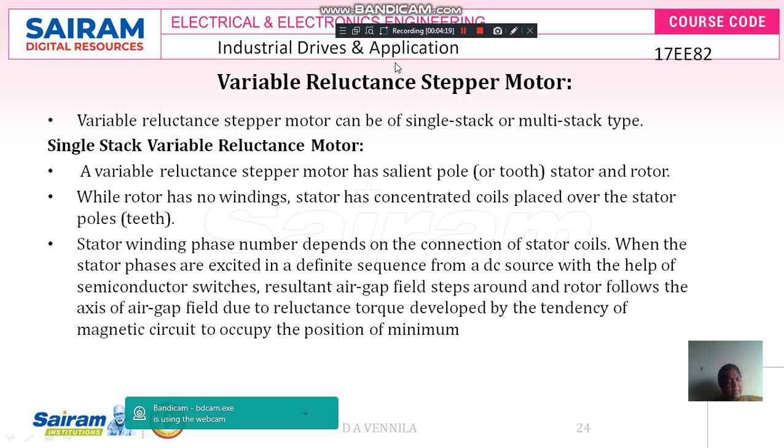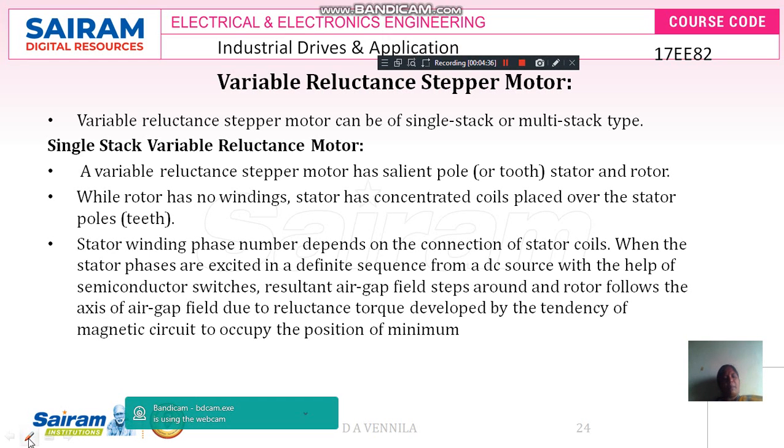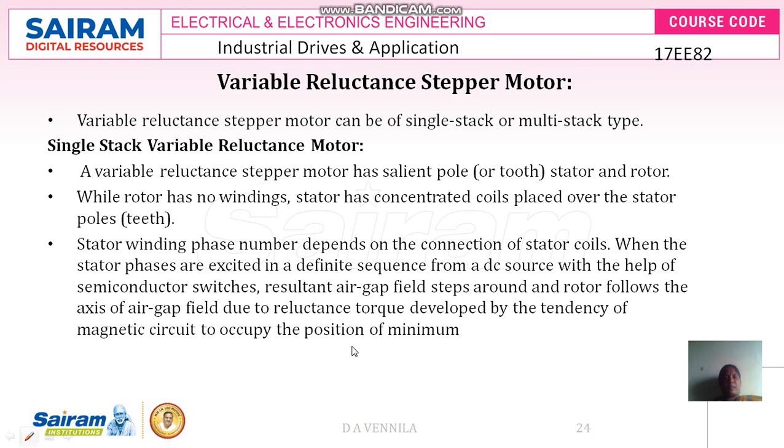Coming to reluctance, we define it as the ratio of magnetomotive force to magnetic flux. That is, R is equal to F divided by phi, magnetomotive force to magnetic flux.